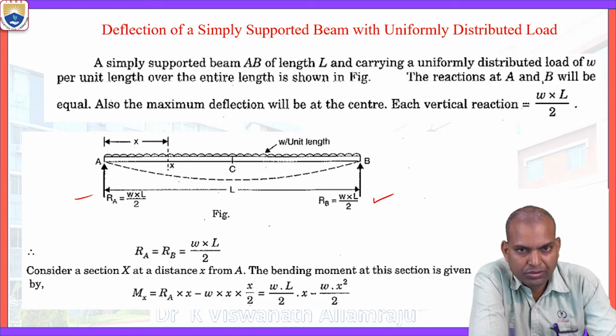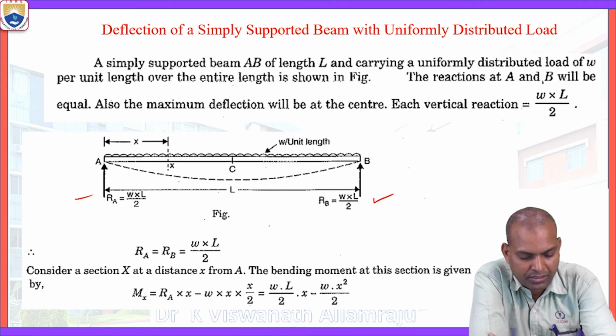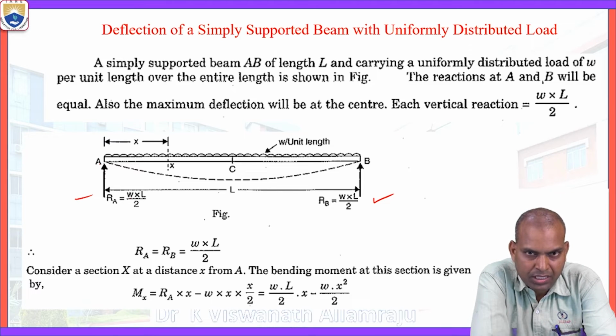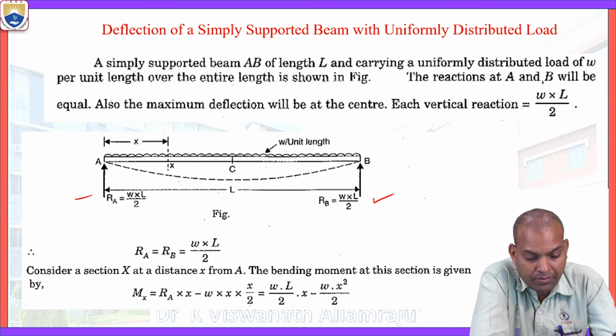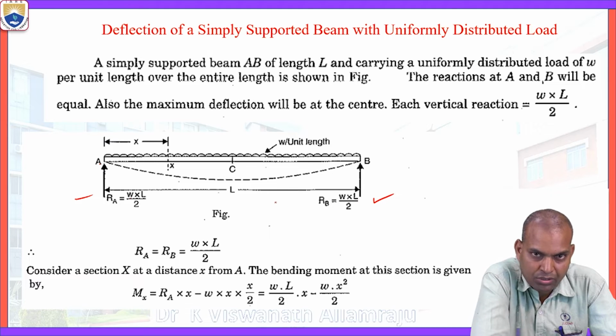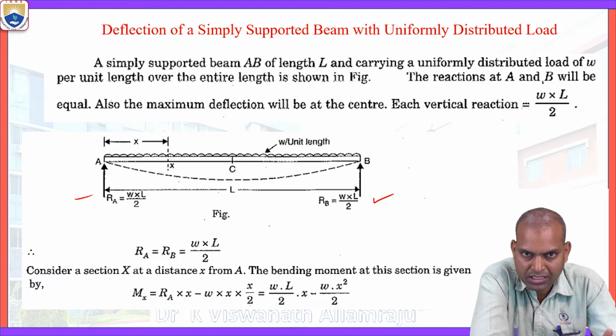Now what to do? We have to consider the bending moment equation at a certain section, that is at a distance x from the left support. We can also calculate the bending moment of a section from the right support at a distance x, but we are following the left support for case 1, case 2 and case 3.